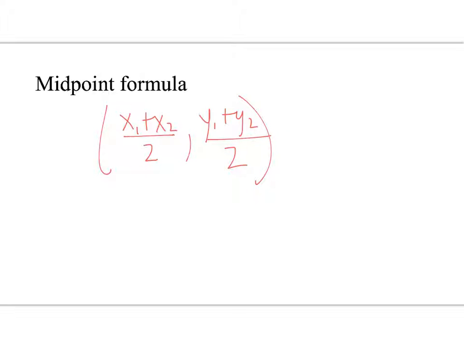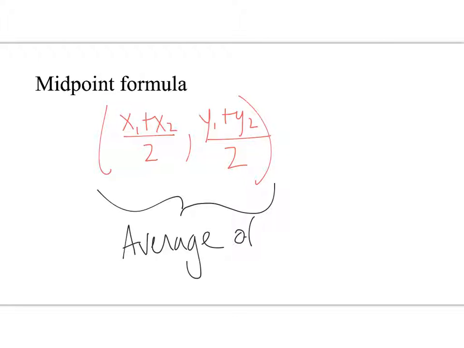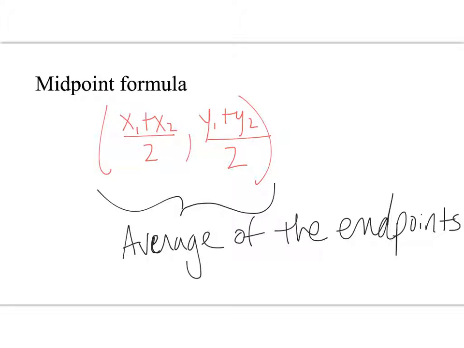And what this really is, the midpoint formula, it's an average of the endpoints. Which makes a lot of sense because we're trying to find halfway, and since there's only 2 endpoints, then that's going to be the average.